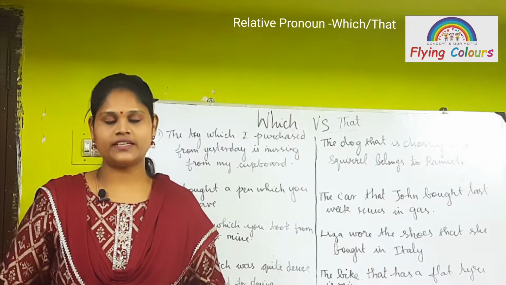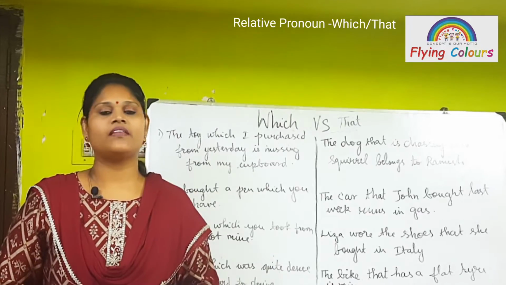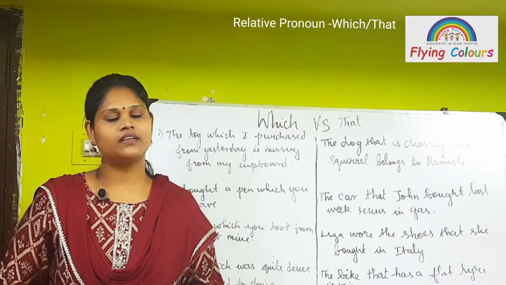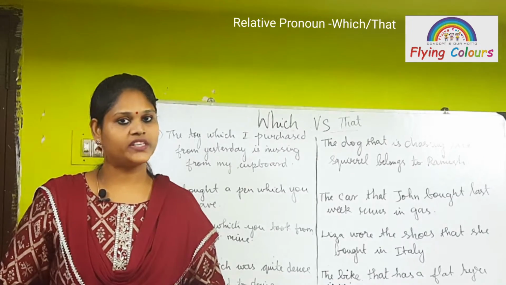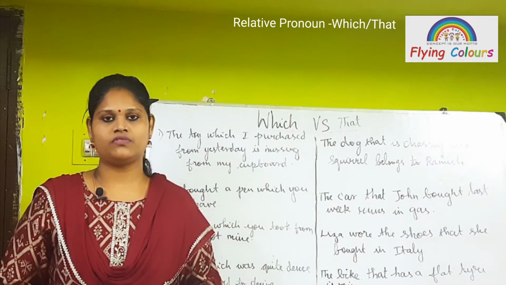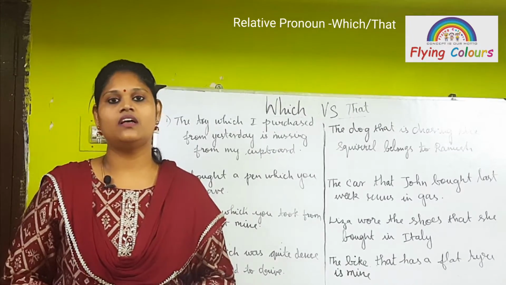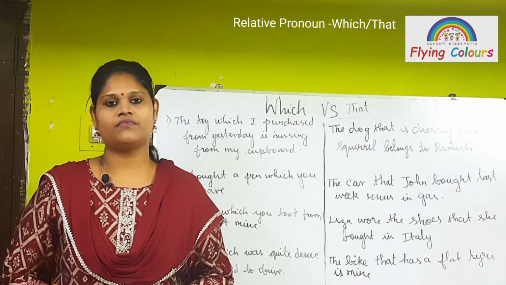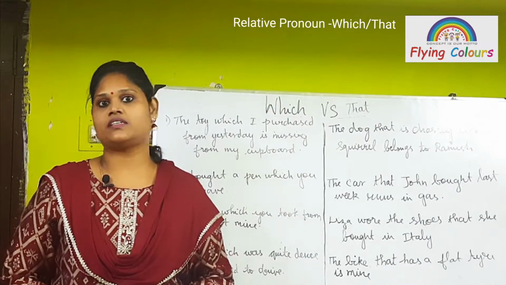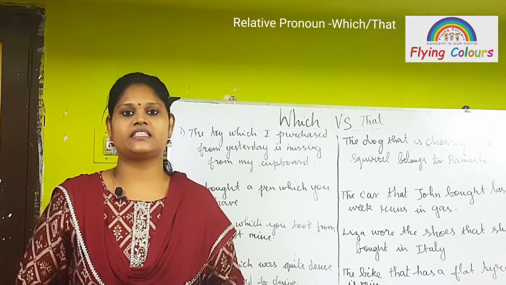And which, as a relative pronoun, can be set off by commas, whereas that cannot be; no punctuation for that, but we can use punctuation for which. Another important point is that which introduces a non-essential clause in the sentence, which comes in the middle, and that introduces an essential clause. Without that essential clause, we can't communicate the sentence.